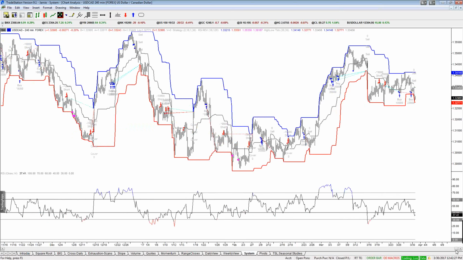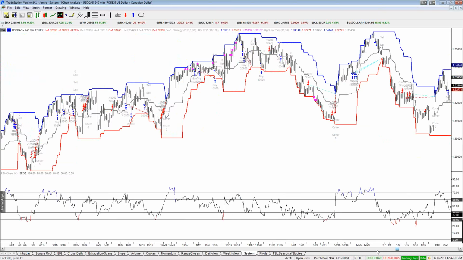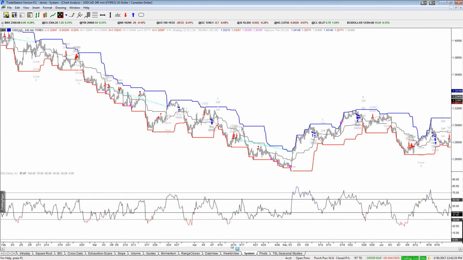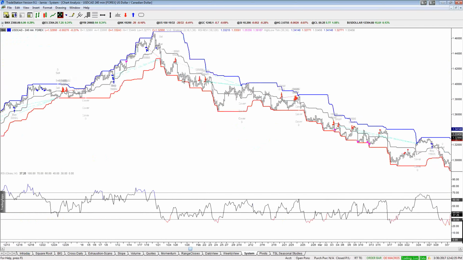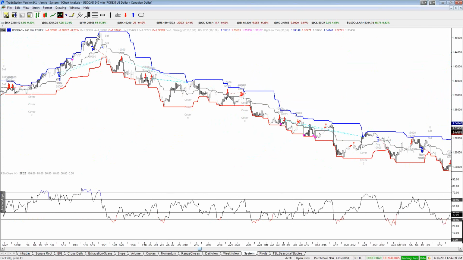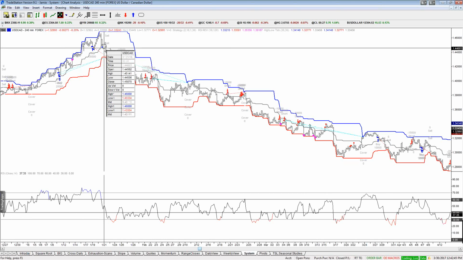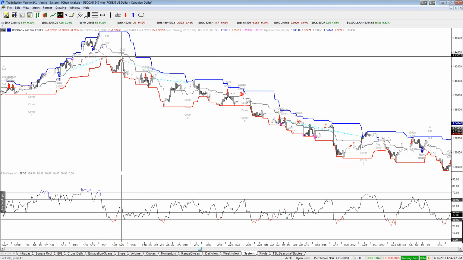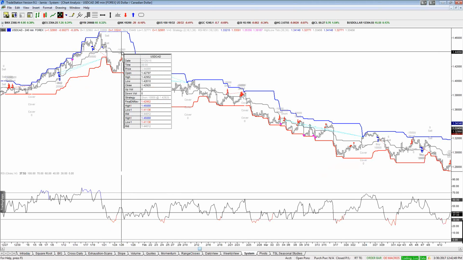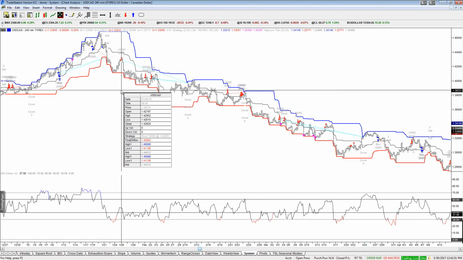But once we break out from this sideways pattern, you're going to get good moves in dollar CAD. And, for example, on the way down, I remember this specifically, back when we were coming off the January high, we were looking to short levels like up here at 44. Well, the market never got there.